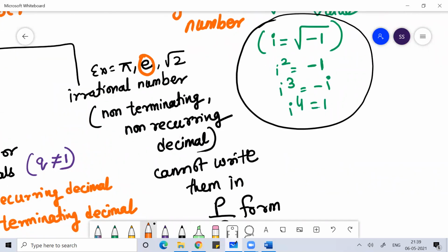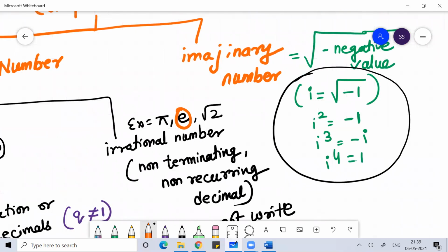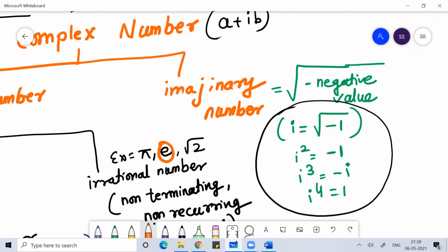There's a mathematician called Leonhard Euler who made a lot of contributions to the number system. Before Leonhard Euler, imaginary numbers were not considered very significant mathematical units.